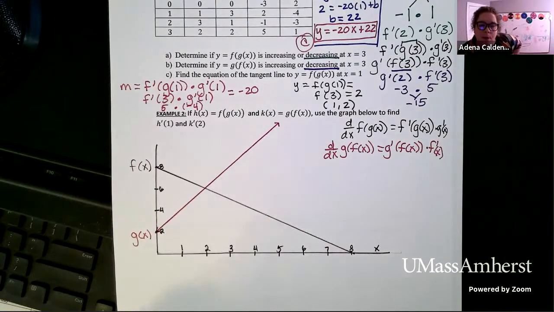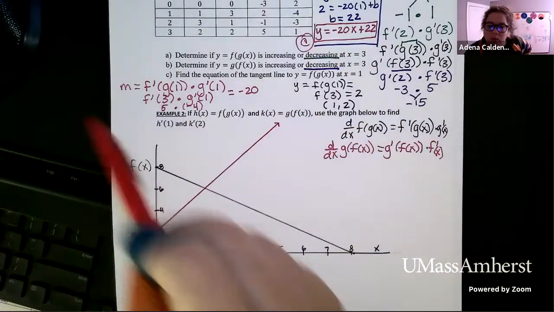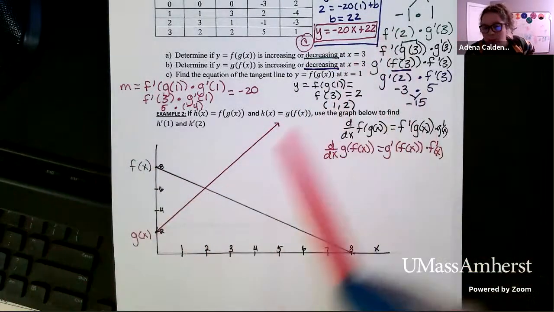And one thing I want to point out here is that you can assume that these lines go on in either direction forever, which I think will be helpful.